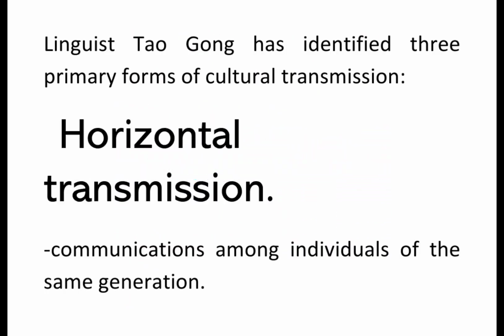To add, according to linguist Tao Gong, there are 3 primary forms of cultural transmission. Number 1 is horizontal transmission, communication among individuals of the same generation. An example of horizontal transmission is communication within a team. Horizontal communication occurs formally in meetings, presentations, and formal electronic communication, and informally in other, more casual exchanges within the office.